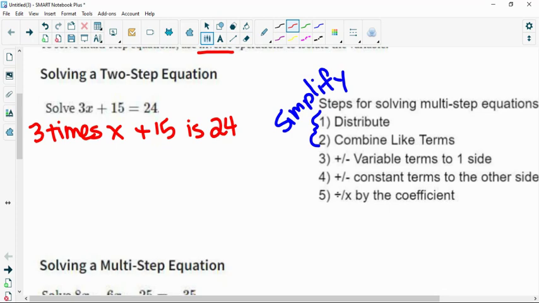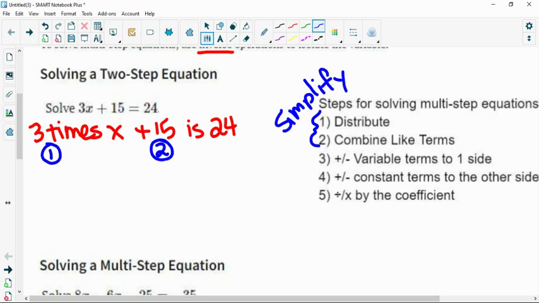The purpose behind this is, in order for us to undo everything and find the x, we need to work backwards what has occurred. If we look at everything that happened to x, first it was the 3 times, and then second it was the plus 15.